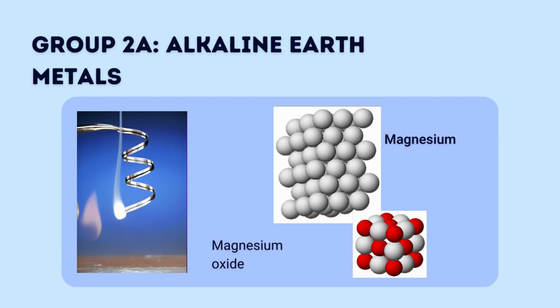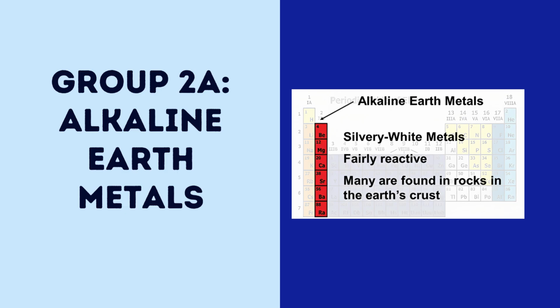These elements are important in many industrial and biological processes, with calcium being particularly essential for the health of bones and teeth. As you can see on this slide, Group 2A, which is the alkaline earth metals, are silvery white metals that are fairly reactive, and many are found in rocks in the Earth's crust.